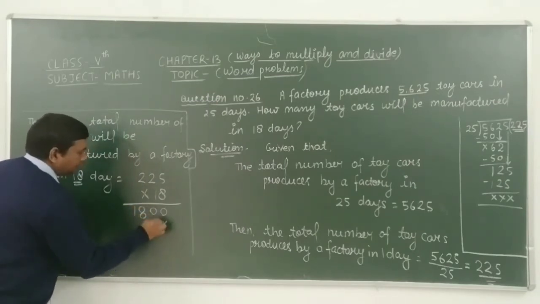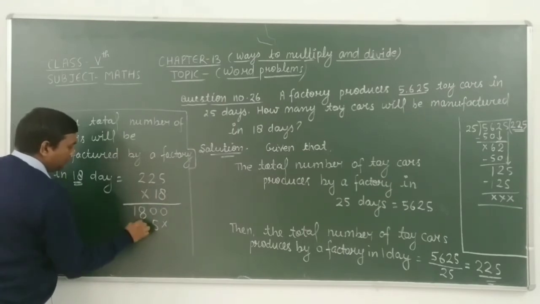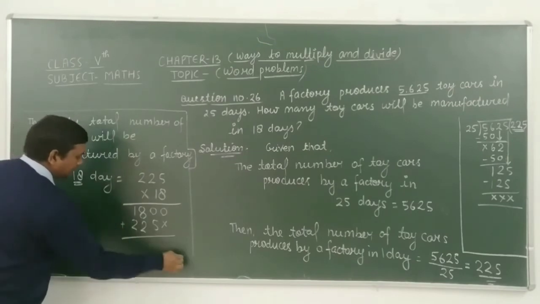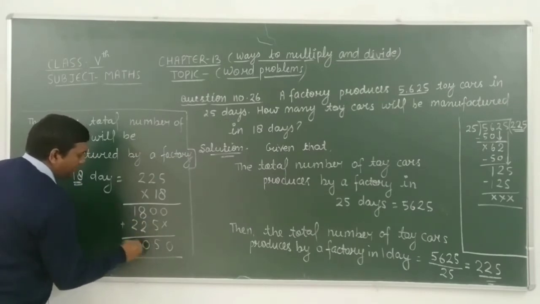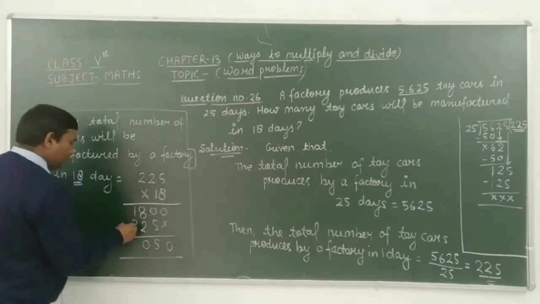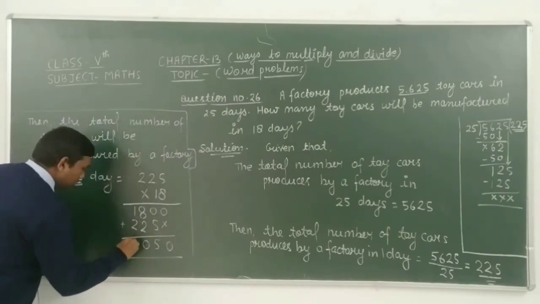Okay, 1 five is 5, 1 two is 2 and 1 two is 2. After adding this we get 0 plus 0 is 0, 0 plus 5 is 5, 8 plus 2 is 10, 10, 0 carry 1, 2 plus 1 is 3 and 3 plus 1 is 4.